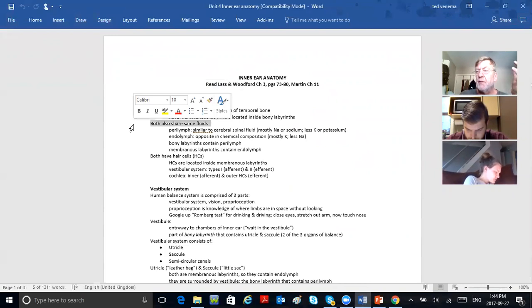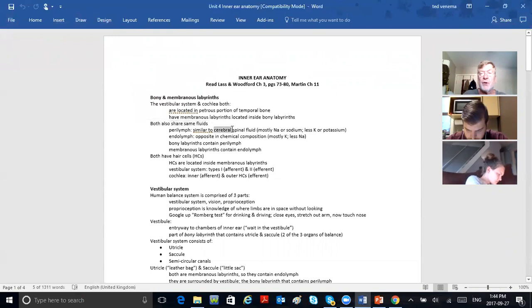Lymph is fluid. So peri means around, the fluid around. And perilymph is similar to cerebral spinal fluid, the same fluid that surrounds your brain in your skull. The same fluid that surrounds your spinal cord in your back. That's cerebral spinal fluid.